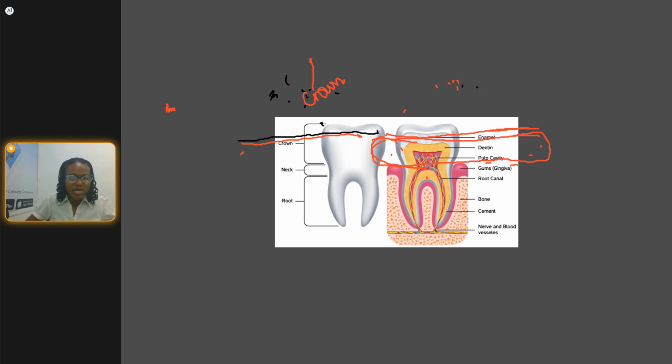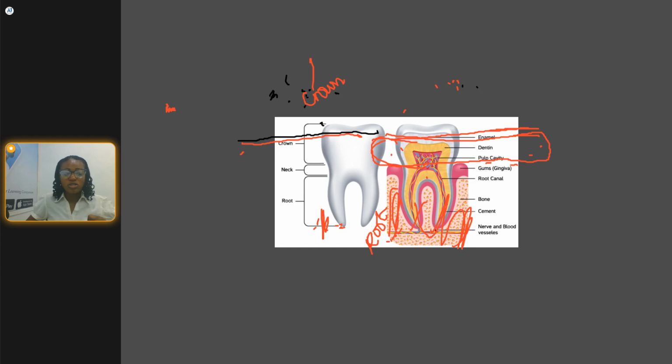And the root is the part embedded in the jawbone. The part here is known as the root, because it is the one that holds the teeth, holds it down, pins it down. So that is the root part. It holds the teeth in place.